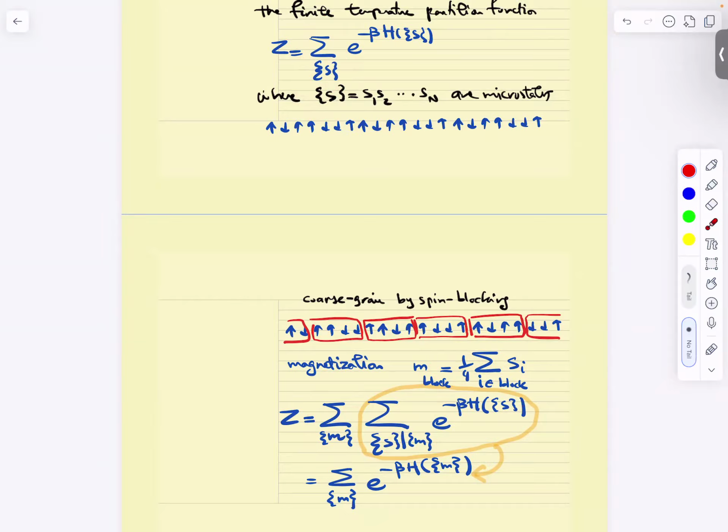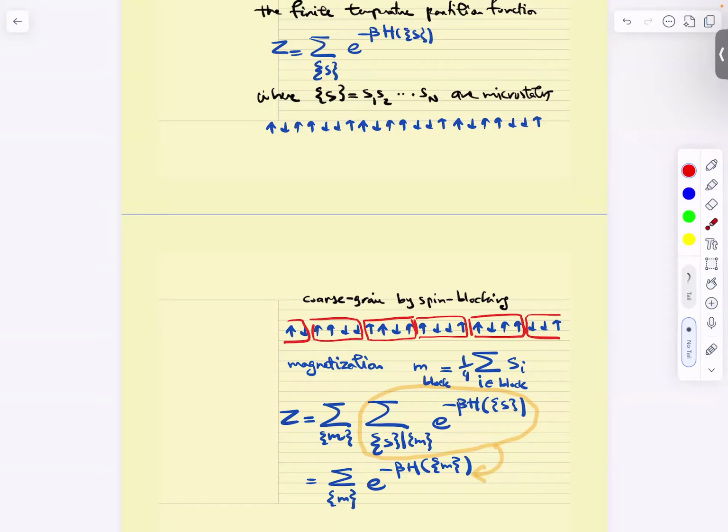Let me work out an example. This is the essence of renormalization, by the way. Imagine you have 6 spins, right? So what you have is a sum over S1, S2, S3, and I'm intentionally going to write it this way, S4, S5, S6.